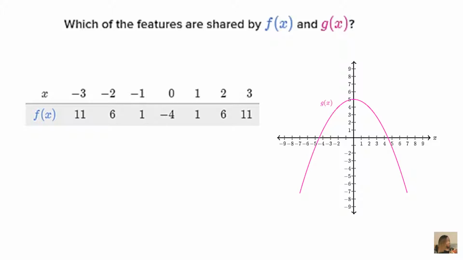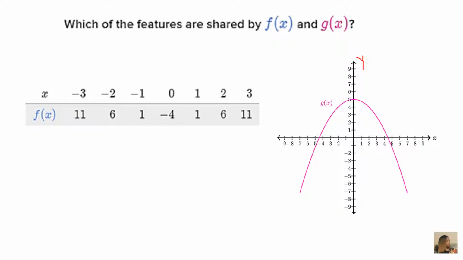Now, the last option that we need to examine is whether or not these functions are even. It's important to note that a function f of x, or let's say g of x, is even if the graph of the function is symmetric with respect to the y-axis. Clearly g of x is symmetric with respect to the y-axis.